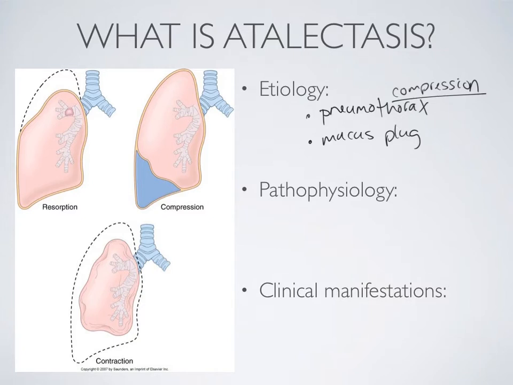And one of the biggest causes of contraction atelectasis is something called ARDS, acute respiratory distress syndrome. And the reason it causes atelectasis is that there's a loss of surfactant.